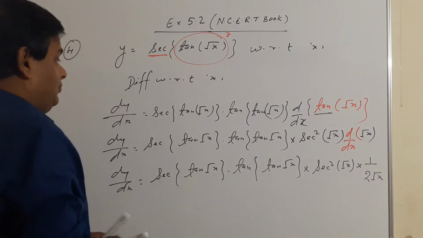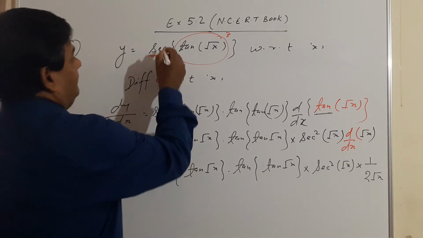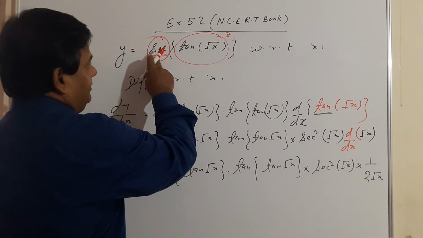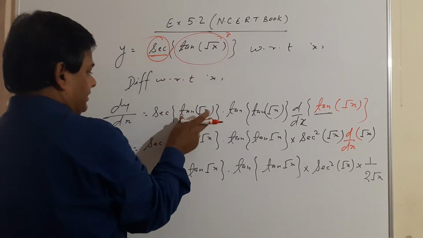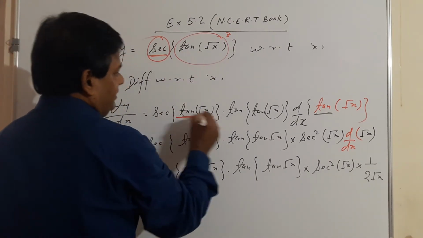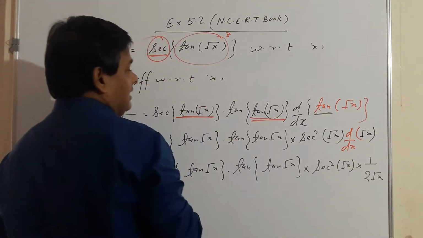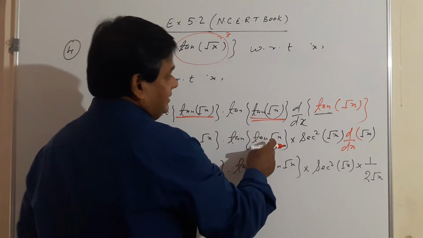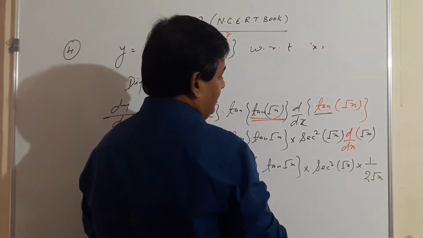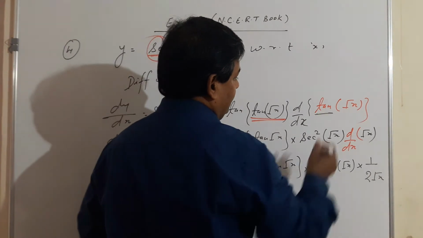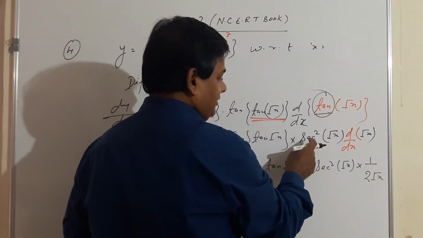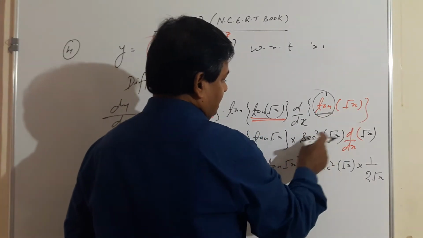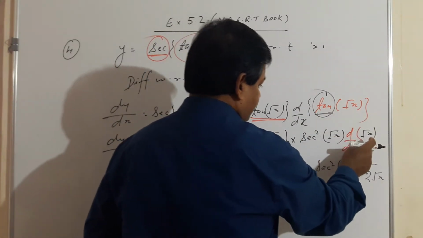So what I did, I first of all differentiated sec. The differentiation of sec z is sec z into tan z, then after differentiation of z. Differentiation of tan is sec square; here root x, suppose t, tan t, sec square t, then after differentiation of t.